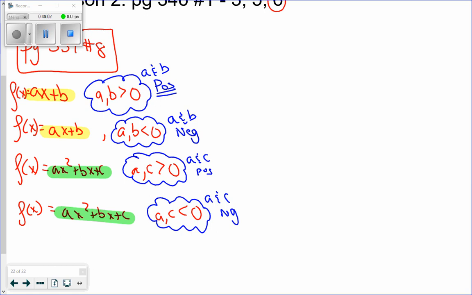So all you have to do is pick, for number 1 here, 2 positive numbers for A and B, and then use your calculator. So for example, make A 2 and make B 5. And when you punch that in, you will notice that it matches graph number 5.